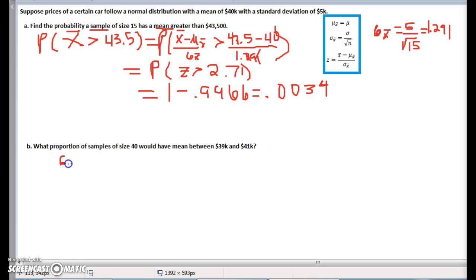So sigma sub x bar is now going to be, we have the same sigma, which is 5, but our sample size is 40, so square root 40, which gives us 0.7906.